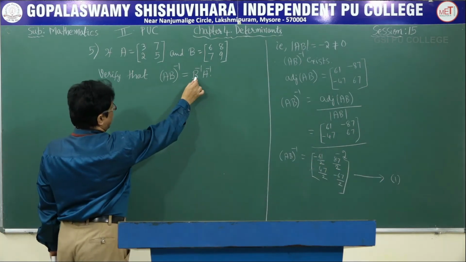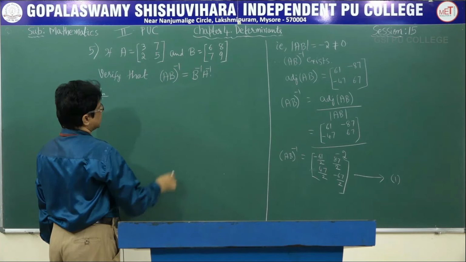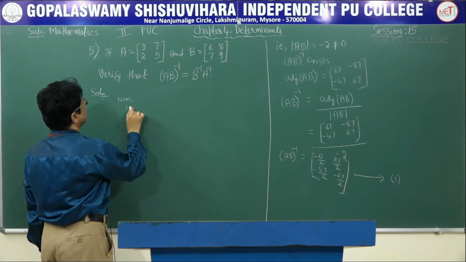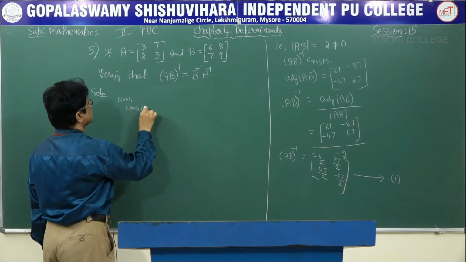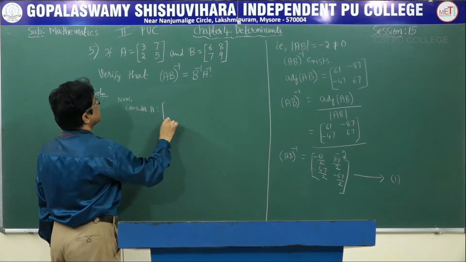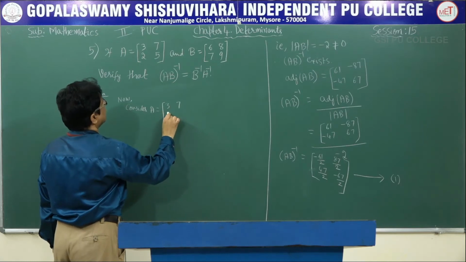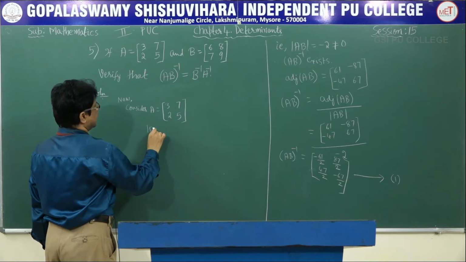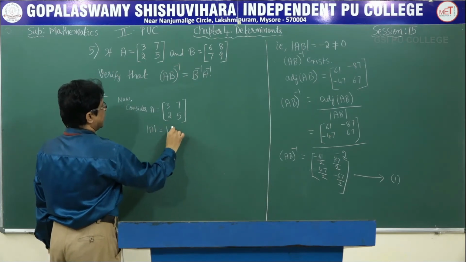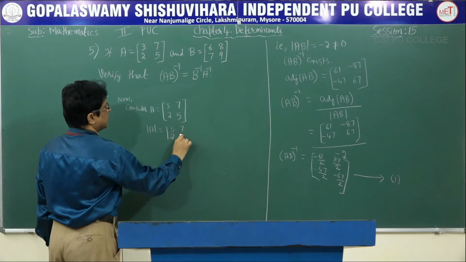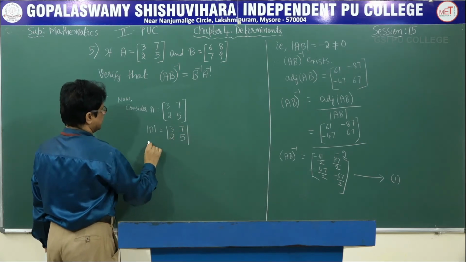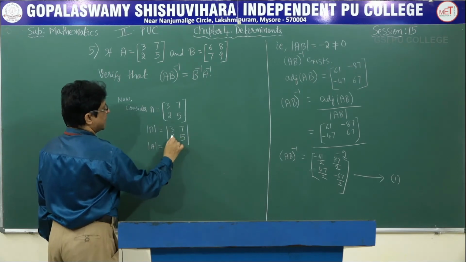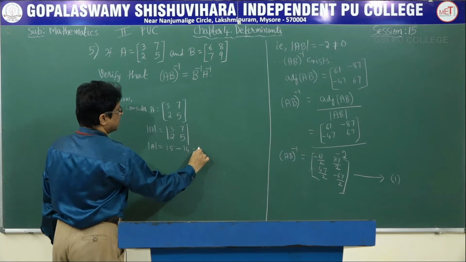Next part, we have to find B inverse into A inverse. Now consider A equals 3, 7, 2, 5. Let us find determinant of A. Determinant of 3, 7, 2, 5: 3 5s are 15 minus 2 7s are 14, which is equal to 1.